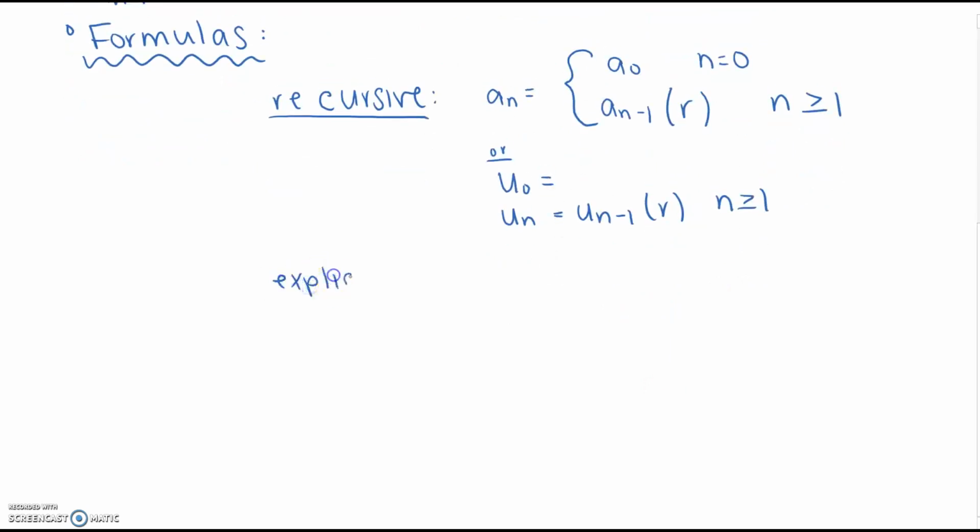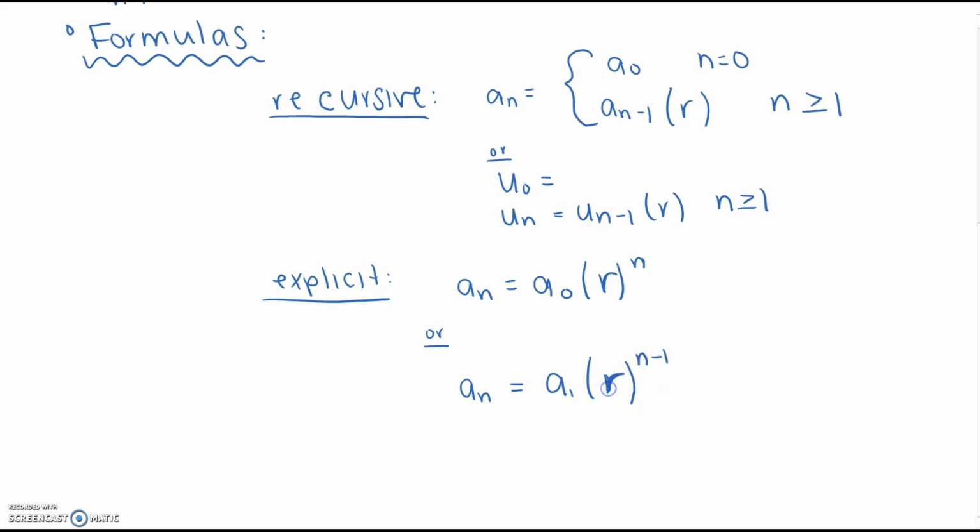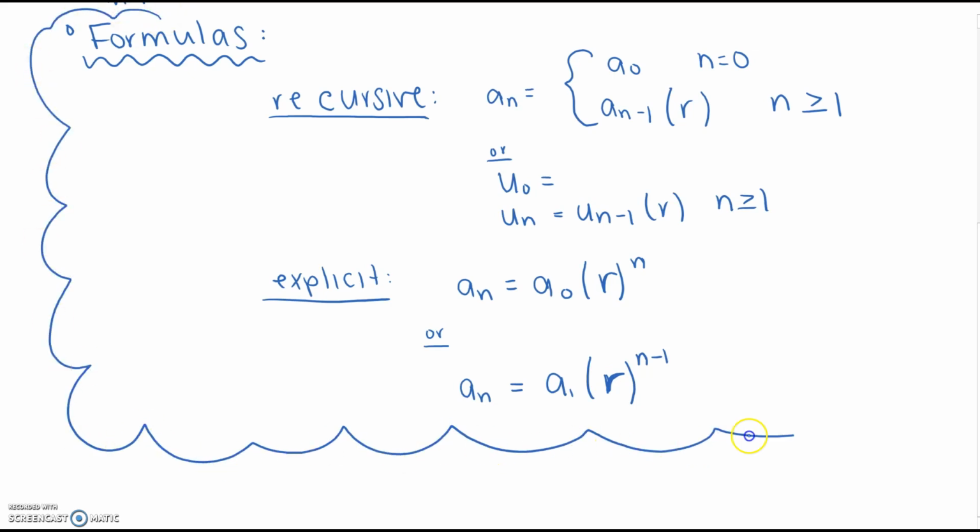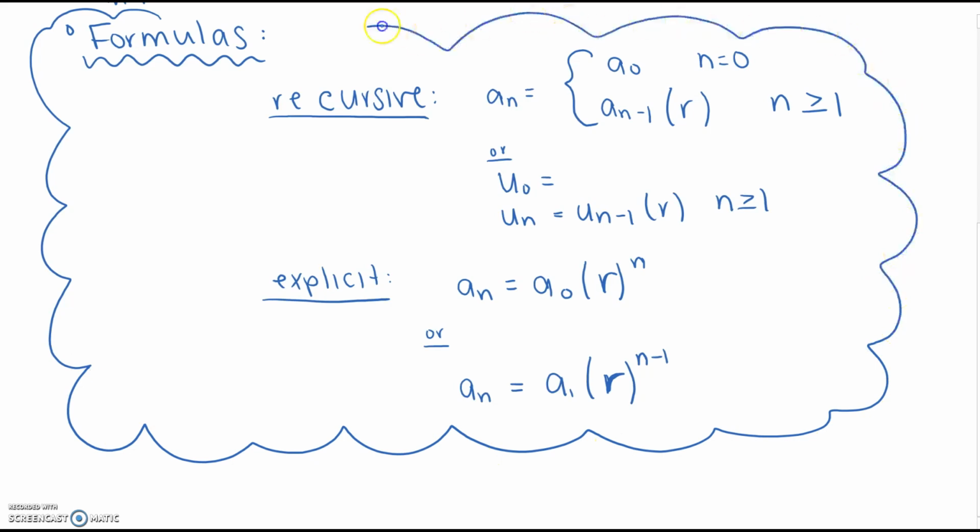Explicit will be a sub n equals a sub 0 times r to the nth power. Or you could do a sub n equals a sub 1 times r to the n minus 1. Okay? These formulas are the most important part. You'll be using them in your homework and in the examples that we are about to do.